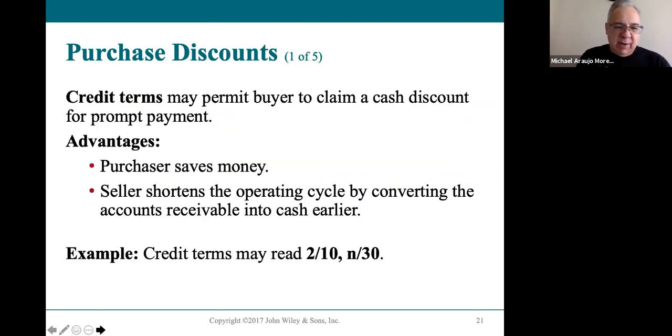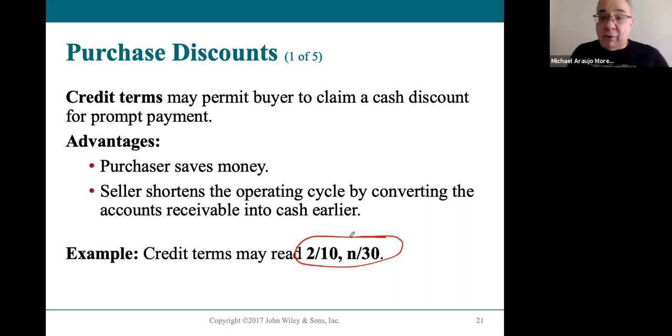Everything affects inventory. So remember, the buyer, Salk Stereo, was given an invoice with an option to pay early, right? If they paid early, they'd get a discount, right? 2% discount if paid in 10 days. If not, the whole thing is due in 30 days.